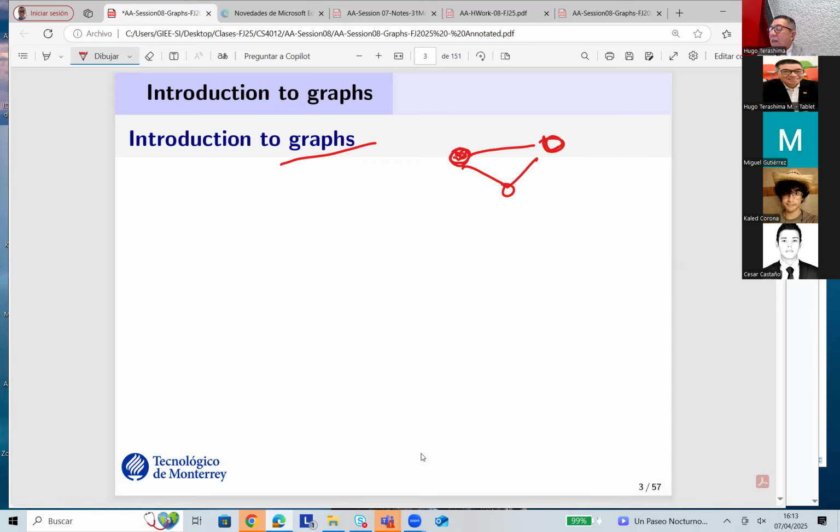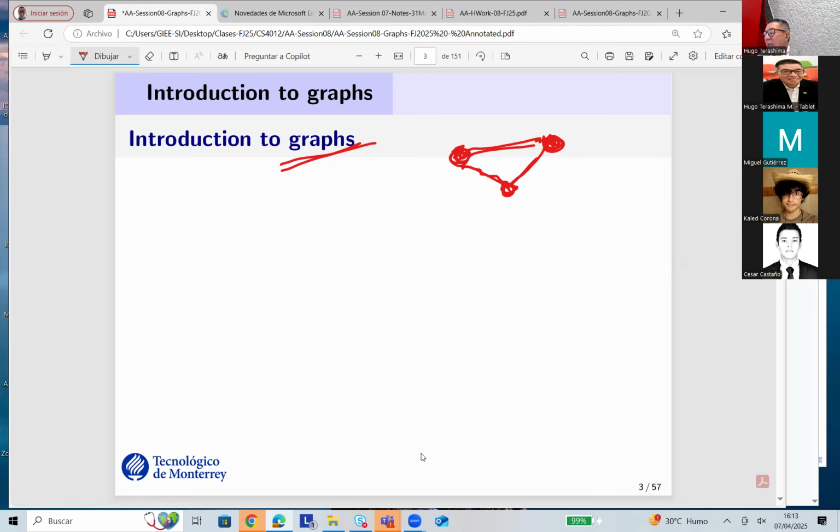These objects, in terms of the graph notation, usually are called nodes or vertices, right? The idea is, I represent something at the end with a graph, a relationship between nodes and edges, arcs, right?